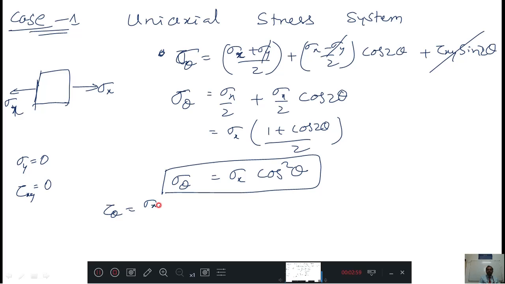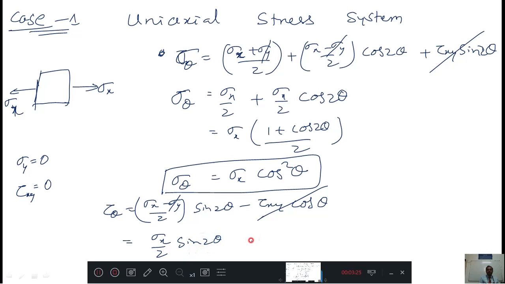Tau theta is sigma x minus sigma y by 2 into sin 2 theta minus tau xy cos 2 theta. Here, tau xy is 0, therefore this is gone. Then sigma y is also gone. Sigma x by 2 into sin 2 theta.